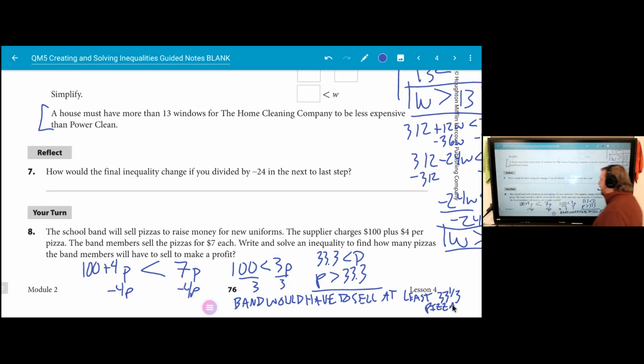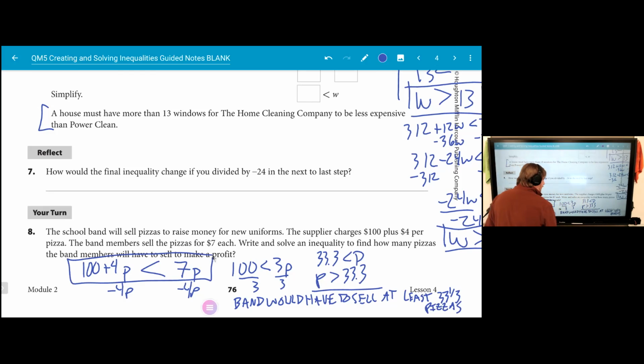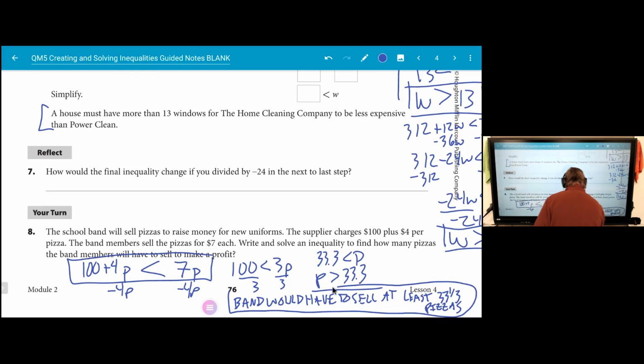So the important parts here are the initial write-up and then the description at the end.